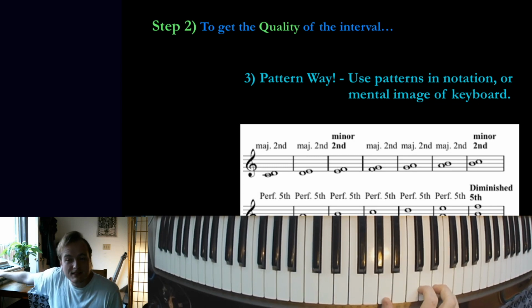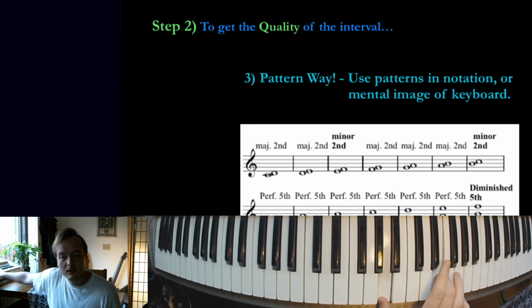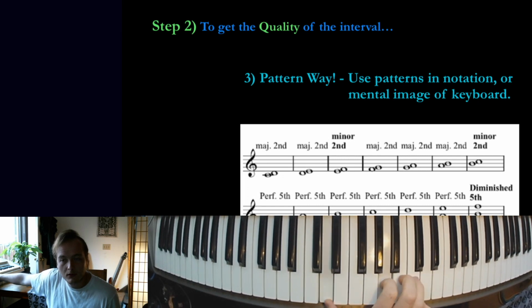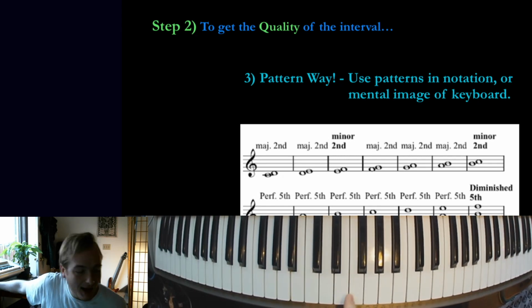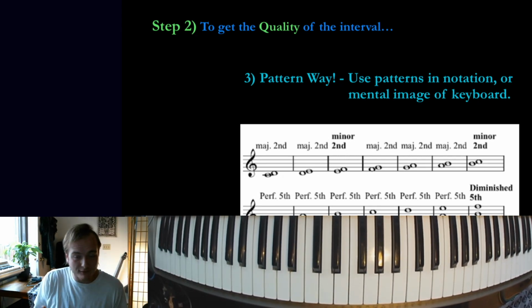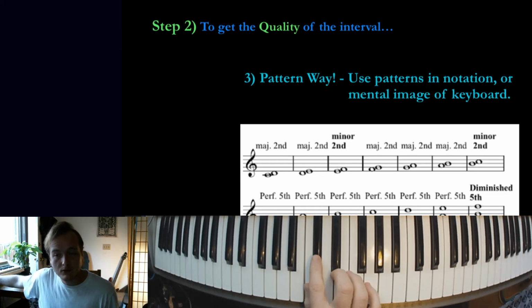So you can also notice the difference in the quality. Perfect fifth, tritone. Here's a perfect fifth. Here's a tritone. So every time I get to B and F, I lose the quality of perfect. Suddenly it's too few half steps, right? Between C and G is 7 half steps.